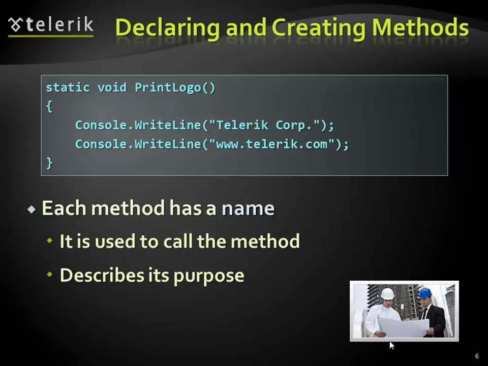So first of all, we'll see the structure of a very basic method. The first thing we need to know is to declare our method's name. And what we see here is a static method.